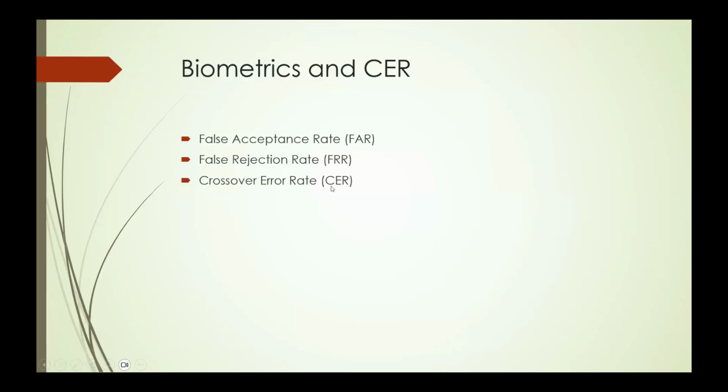Then the crossover error rate. This is very important for us. This is where FAR and FRR become equal when we put them in a graph, FAR here, FRR here.